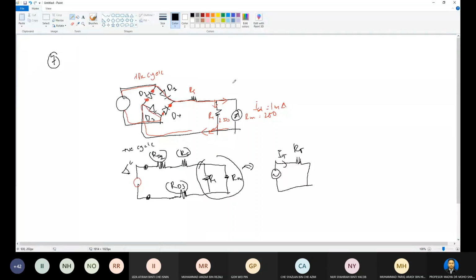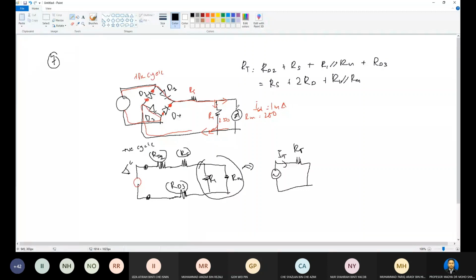That means RT is RD2 plus RS plus the parallel of R1 and RM plus RD3. Actually the RD is the same resistance, so you can simplify it as 2 RD plus RS plus the parallel of R1 and RM. That is to calculate the RT.